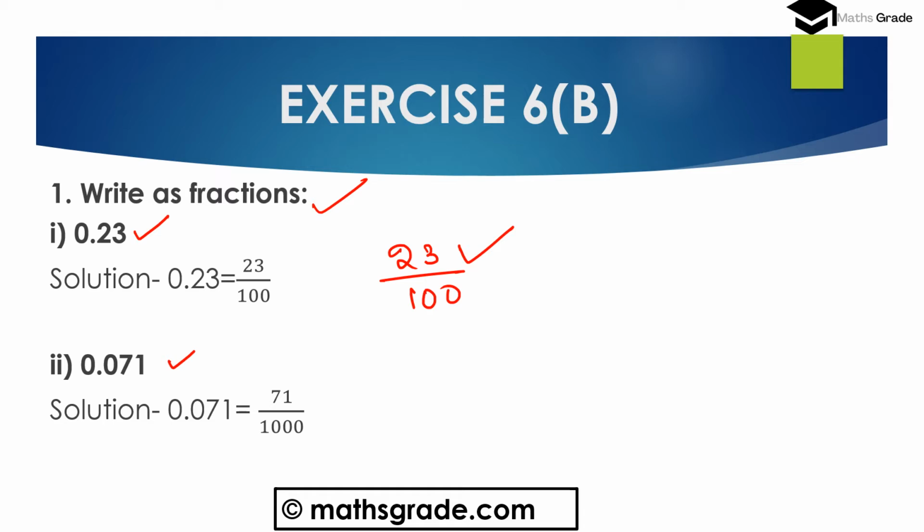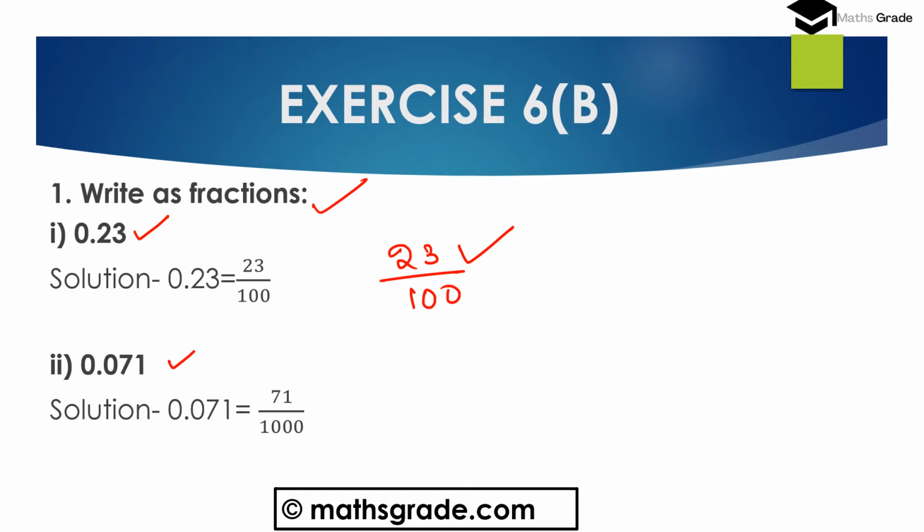Here after the decimal point there are three digits, so we have to divide 71 by 1000 because 1000 has three zeros. So 0.071 is 71 divided by 1000.